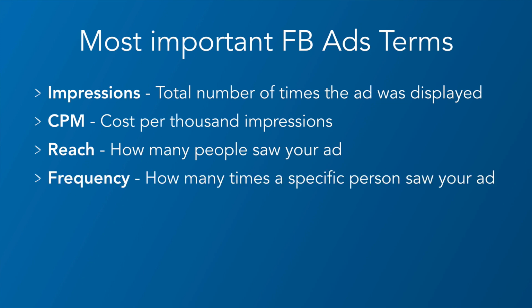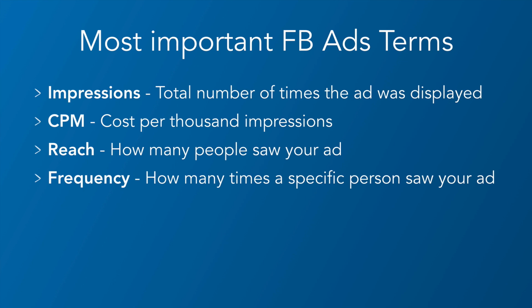Frequency is how many times a specific person saw your ad on average. Let's say the target audience for your selected demographics and interests is only 5000 people, and not all of them are going to log in to Facebook every day. If you are running an ad for $10 for one full day, and only 20% of your target audience logs into Facebook that day, your ad will be shown more than once to the same person.